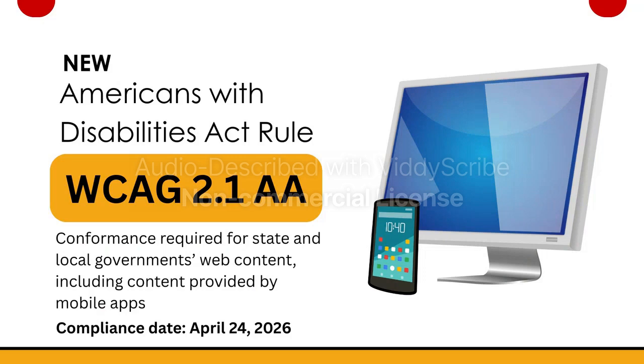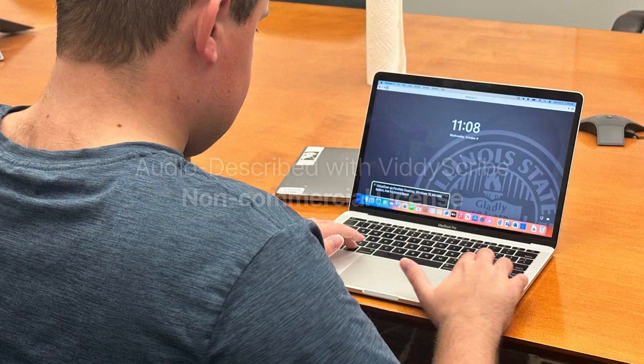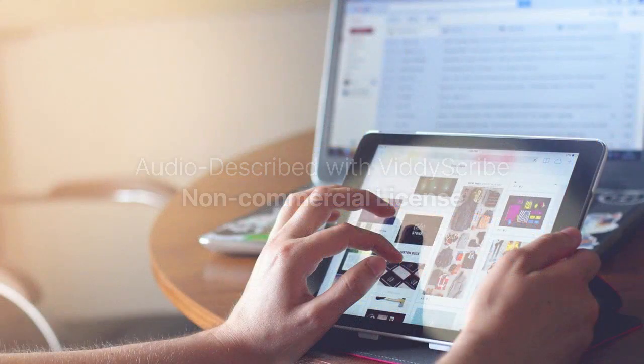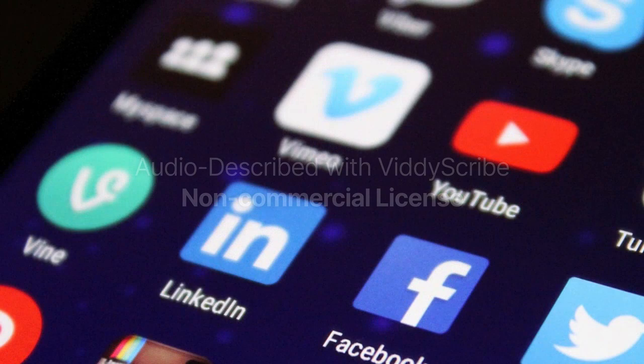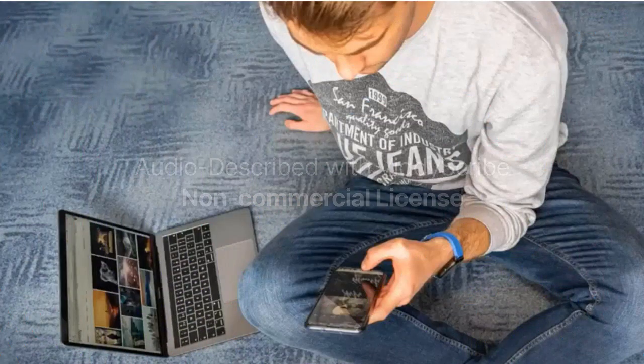New Americans with Disabilities Act Rule WCAG 2.1 AA. Today, digital accessibility touches nearly every aspect of campus life, be it applications, institutional web pages, social media accounts, and virtually every digital curricular and co-curricular program, service, and activity.